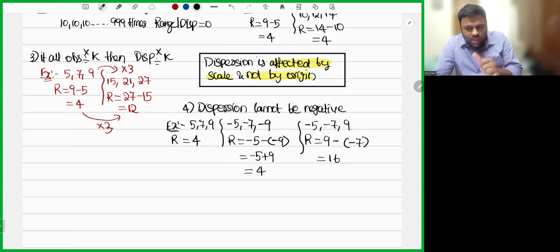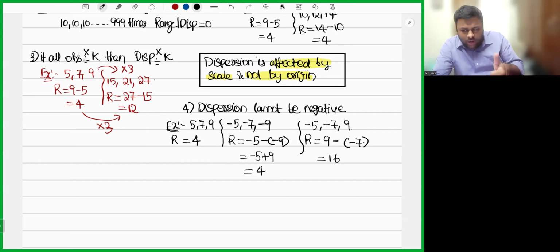Can you see, my dear friends? If all observations are positive, dispersion is positive. If all observations are negative, dispersion is positive. If some observations are positive and some are negative, still dispersion is positive. So can you see dispersion cannot be negative, it will be positive only. These are the 4 very important points in dispersion.